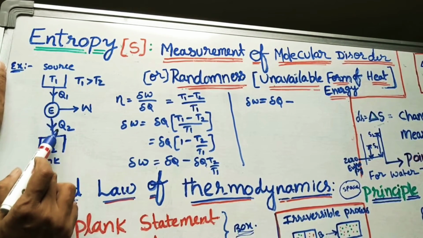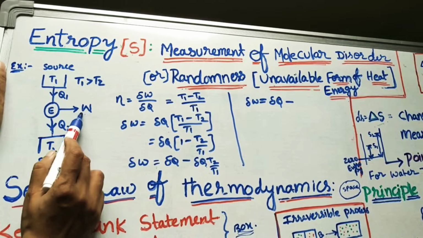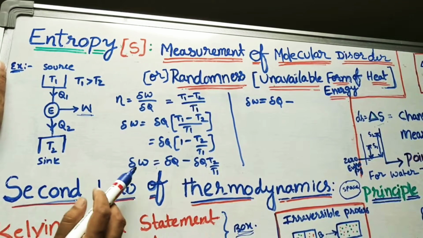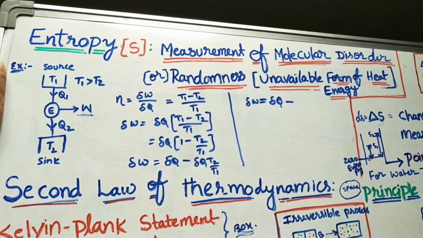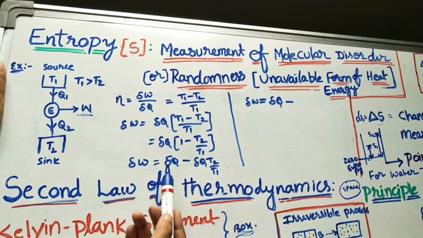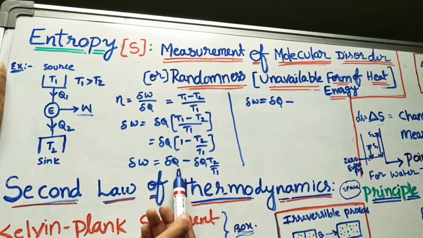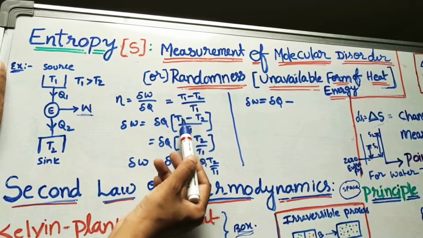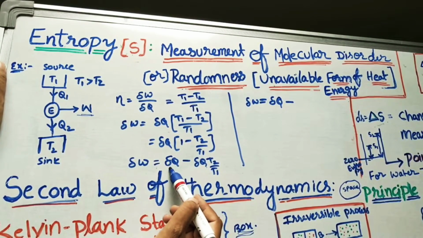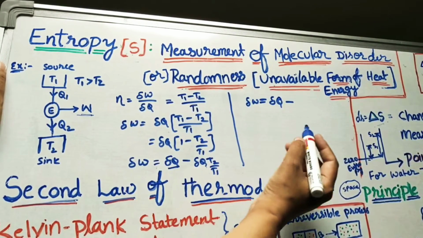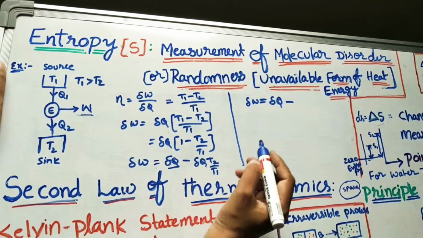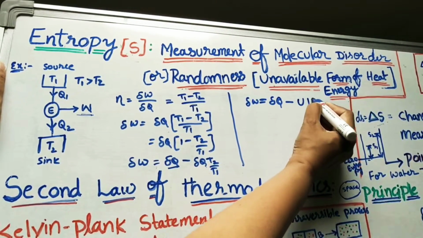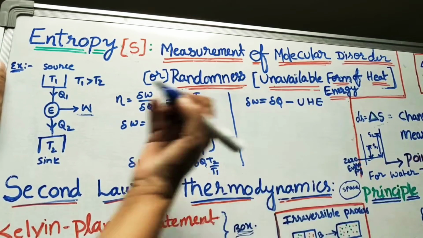Whatever difference is there gives the useful work, like Q1 minus Q2. Instead of Q1 minus Q2, I am taking delta Q, that is Q1, minus this value in place of Q2, which comes from this equation. So this is the unavailable heat energy, UHE.